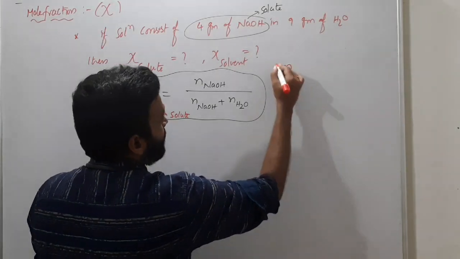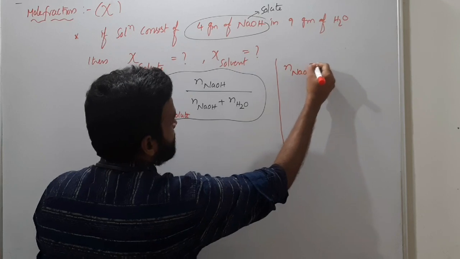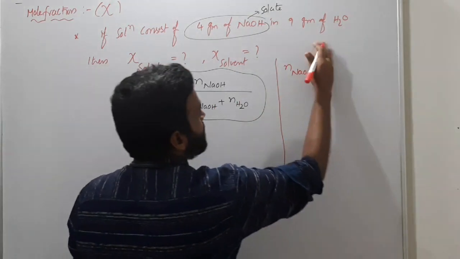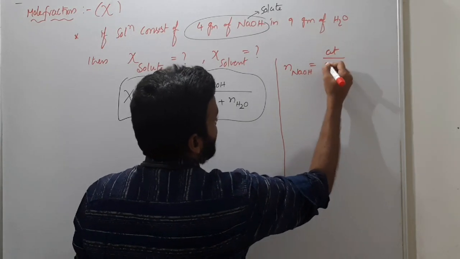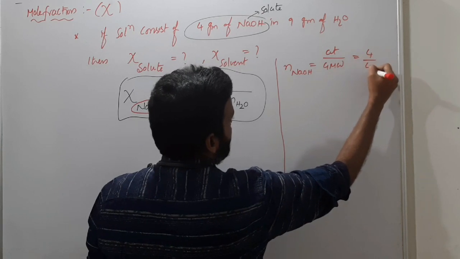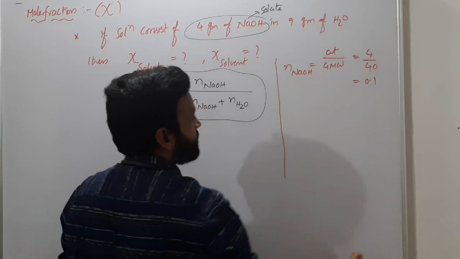So how will you get the number of moles of NaOH? Number of moles of NaOH is equal to the weight of solute divided by its gram molecular weight. That means it is just 4 by 40, so it's 0.1 moles.